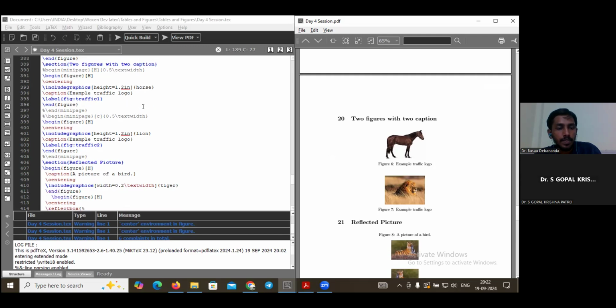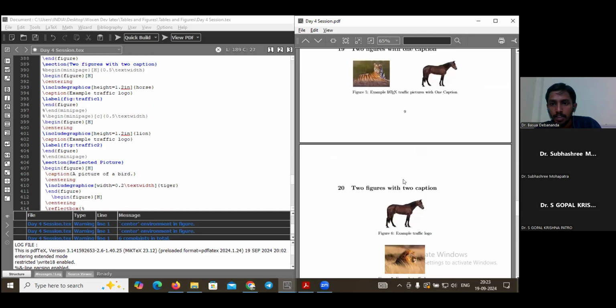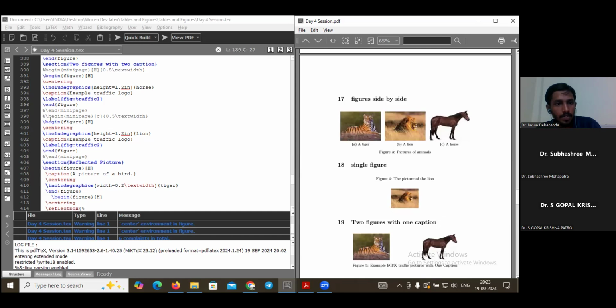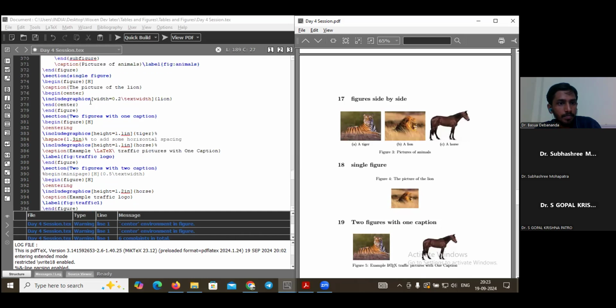Excuse me, sir. Yes. Sir, in one figure the caption is at the top of the figure, and in another it is at the bottom. Is there any specific command to position the caption? Like in figure 8, it is on top of the figure. See, here I have written \caption.